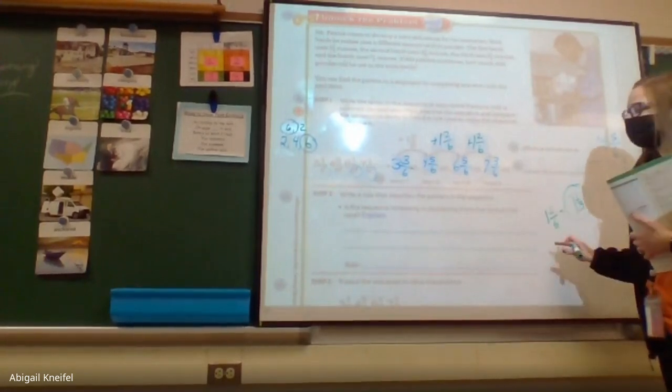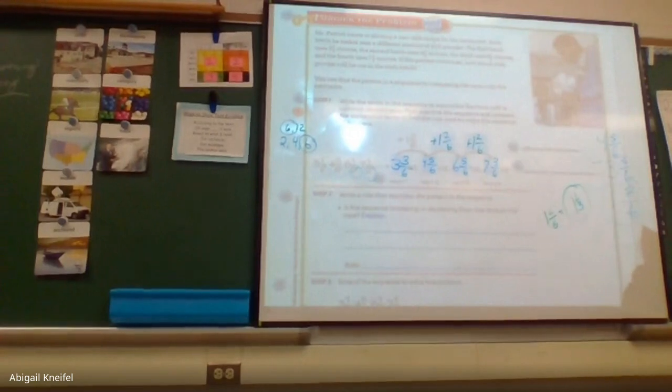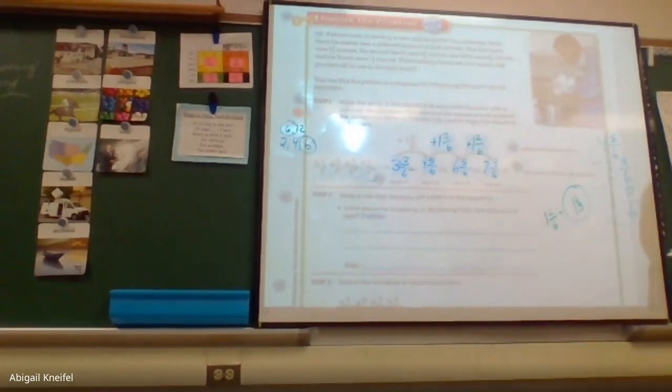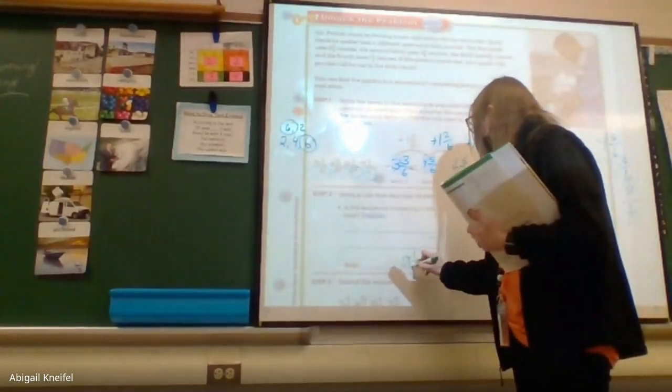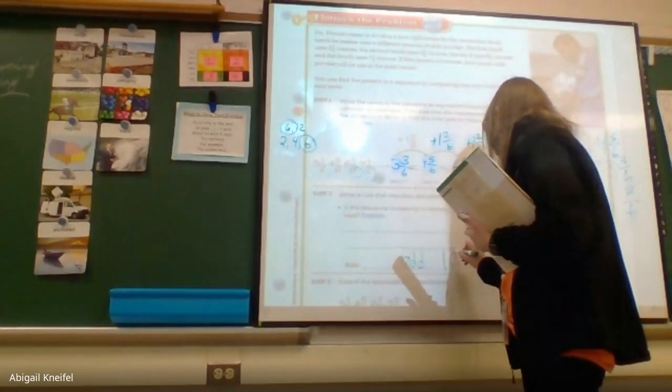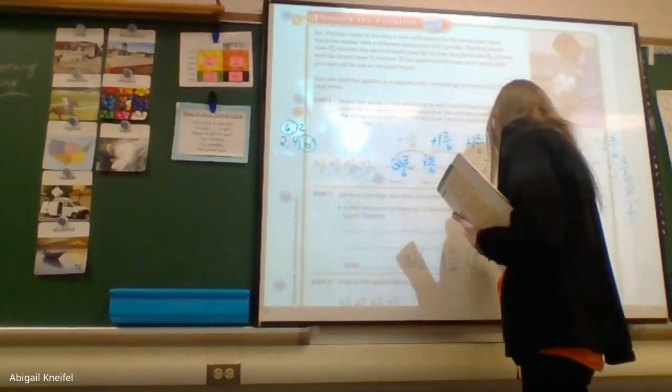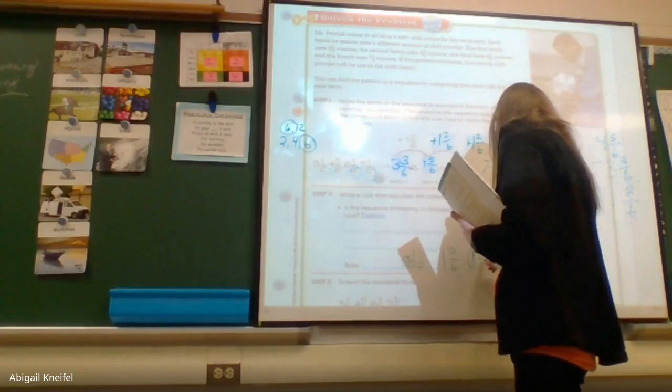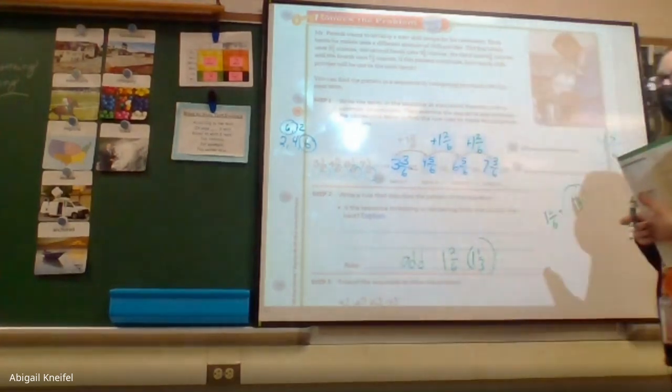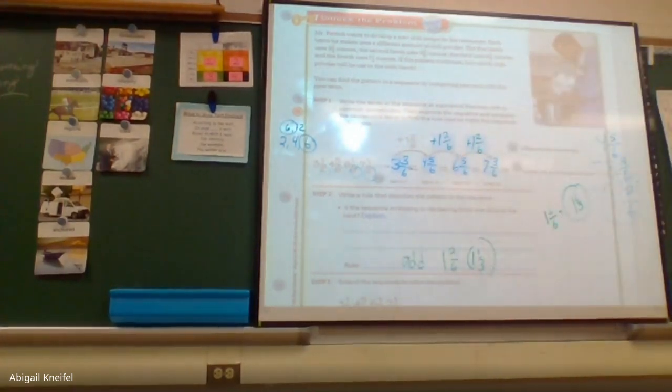Remember that because that can be simplified, but we needed to have the same denominator. So the rule is to add 1 2/6. I'm going to put in parentheses 1 1/3 each time. Okay, that's the rule. We add 1 2/6, parentheses 1 1/3, because that would be it in its simplest form.